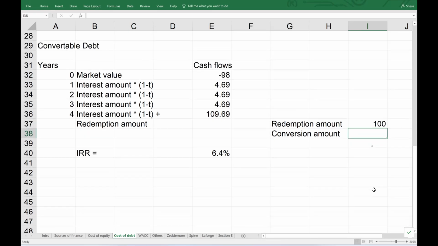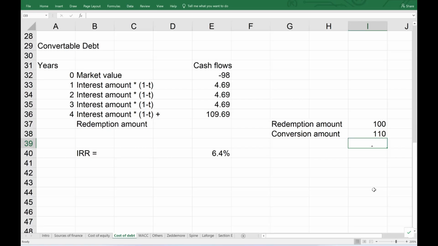What is the conversion amount? The examiner tells us the bondholder has a choice to either get $100 back or get 20 ordinary shares of the company. What is the market value of the share at the maturity date? Let's say the market value at the maturity date is 5.5. So what is likely to happen? Will the bondholder redeem the amount or convert into shares? Of course, they will convert into shares.